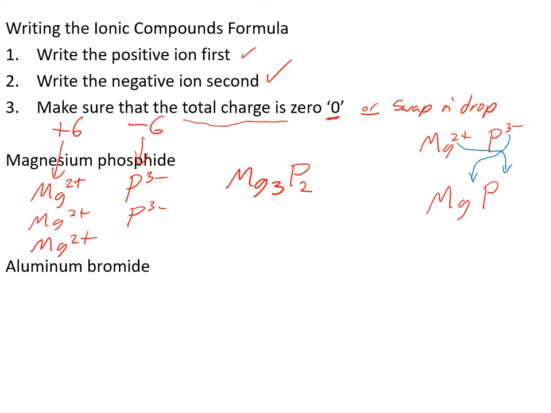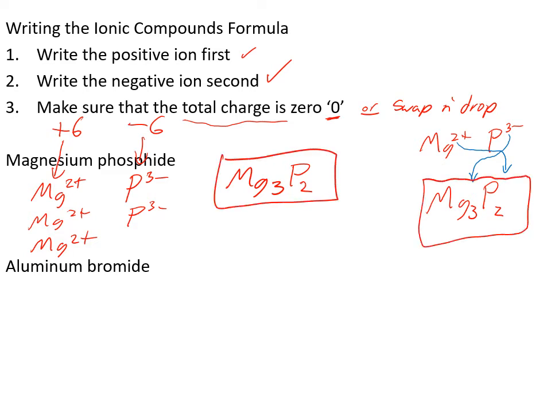So the 3 goes down here and the 2 goes right here, and you get the exact same answer. Technically this way is the scientific way, and this is the quick way of doing it. Both ways are fine, and I'll probably use these two ways interchangeably in the future.